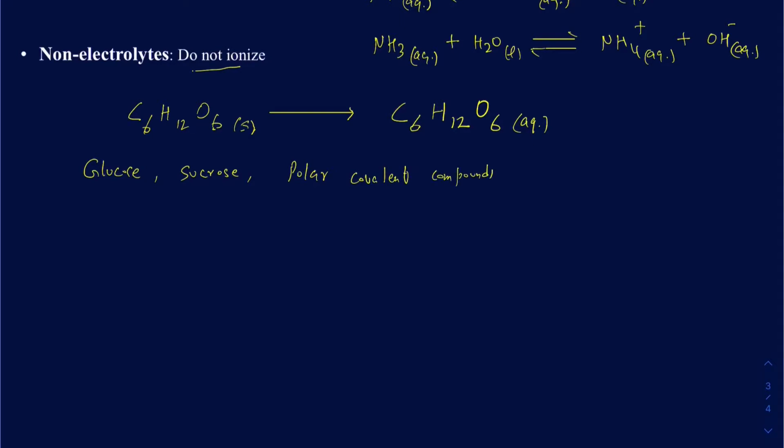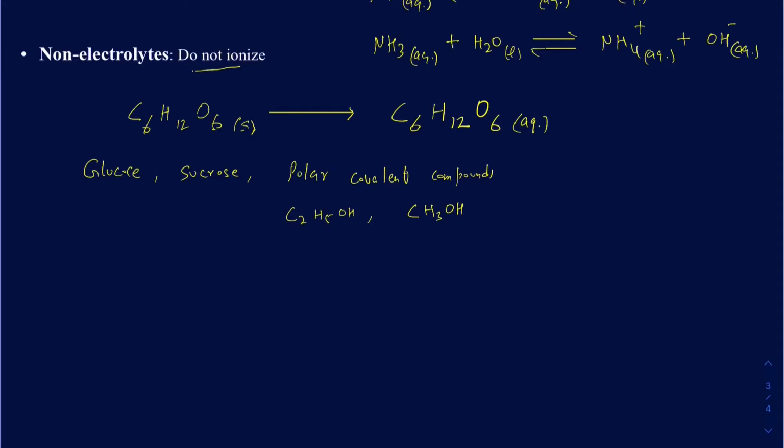And I can probably talk about alcohols like C2H5OH. I can talk about CH3OH, a lot of alcohols, they dissolve in the water, they mix in water, but they really don't ionize in water.